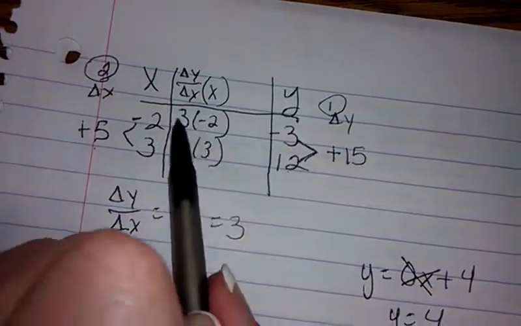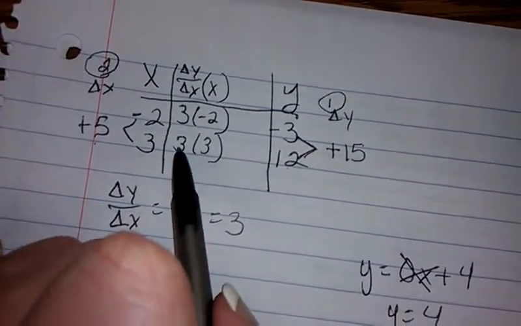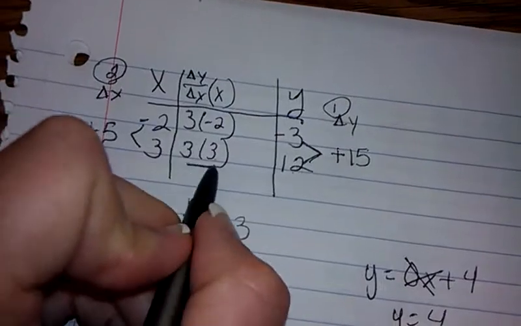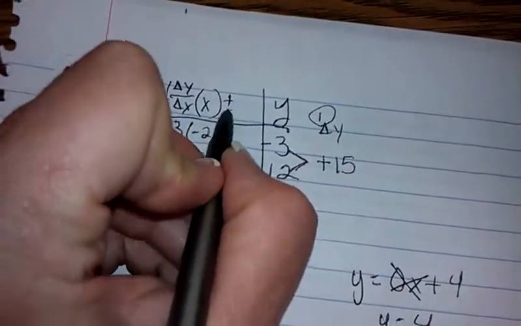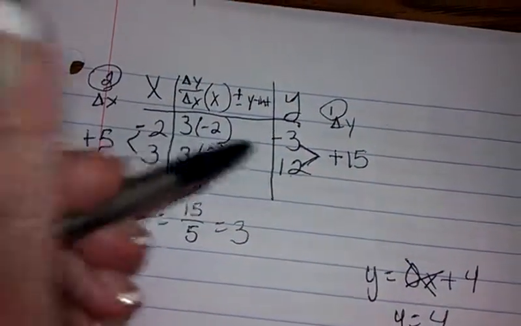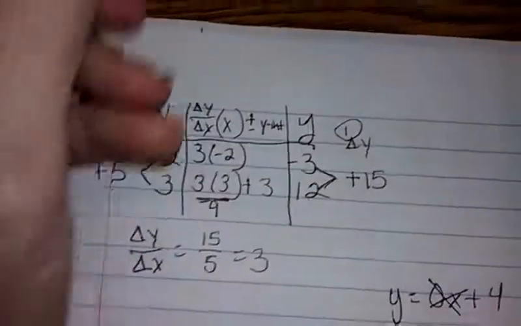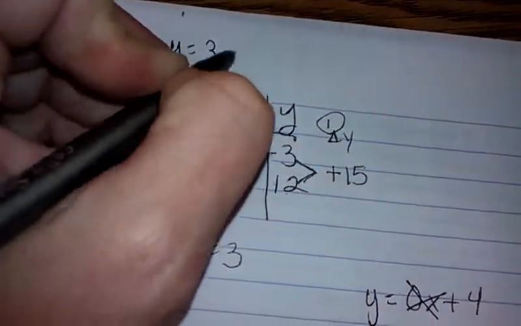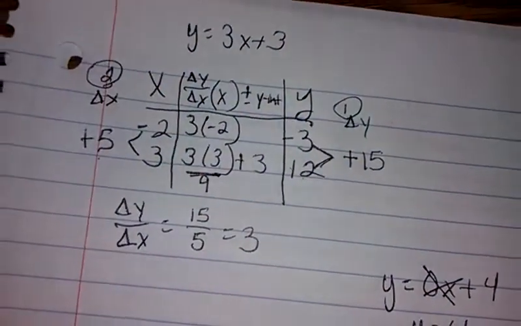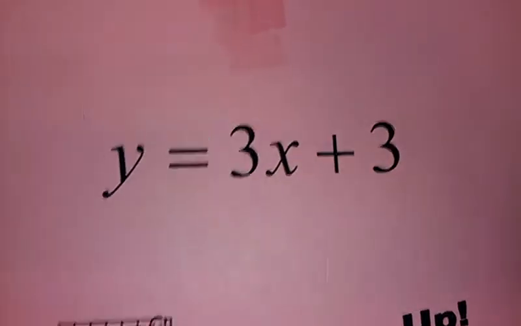To be really honest, you don't have to do the first one because I don't want to deal with the negative. So let's take 3 times 3. This gives me 9. Next you have to add or subtract to find the y-intercept. What do you have to do to 9 to get to 12? You add 3. So your equation ends up being y equals 3x plus 3. Now I'll find the next card that has y equals 3x plus 3.